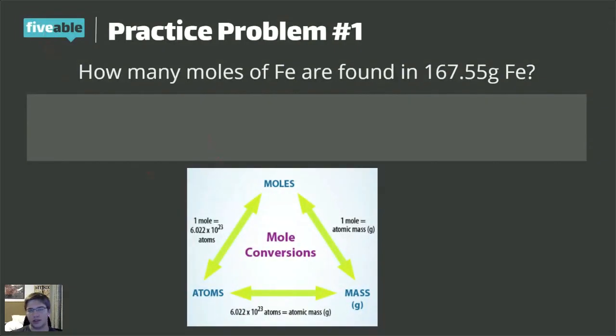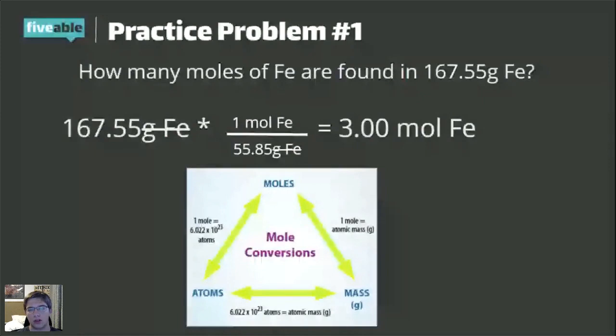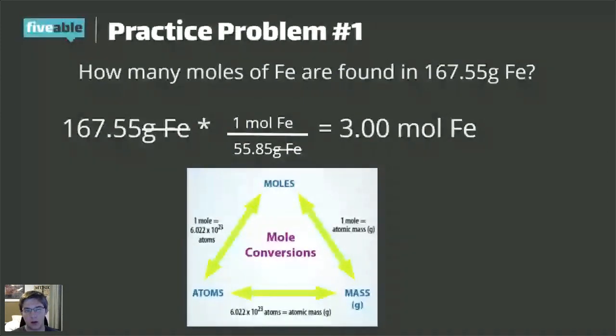So let's take a look at how you would set up this problem, right? We start out with our 167.55 grams of iron, just like it said in the problem. And in order to convert this to moles, we want to use our molar mass as a conversion factor.